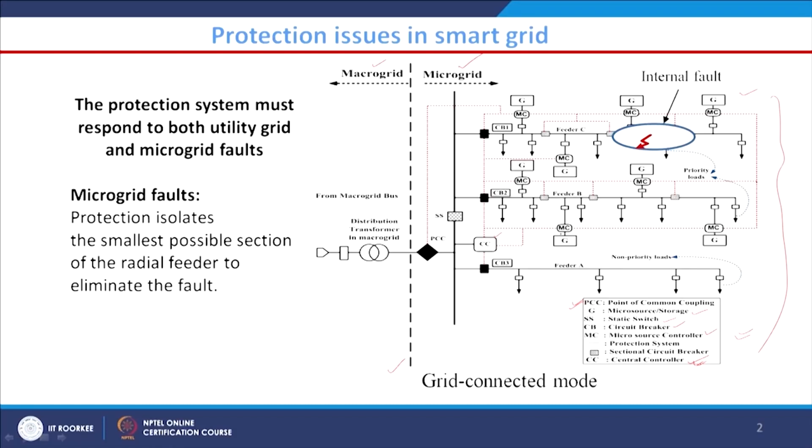This MC is the micro source controller, present near our renewable energy source, and this MC also communicates with the CC, as well as with the corresponding circuit breaker. This is our sectional circuit breaker present here. The sectional circuit breaker also talks to our MC.